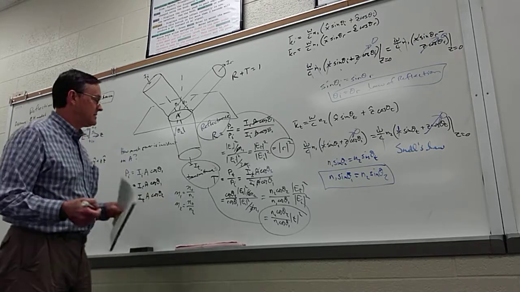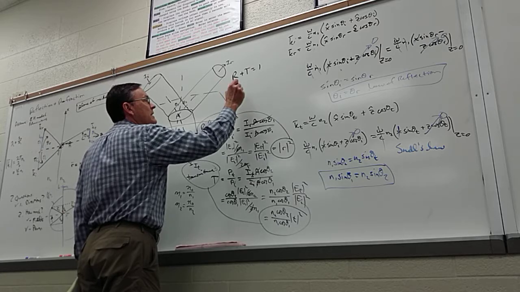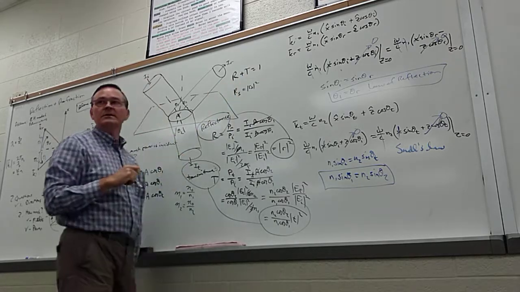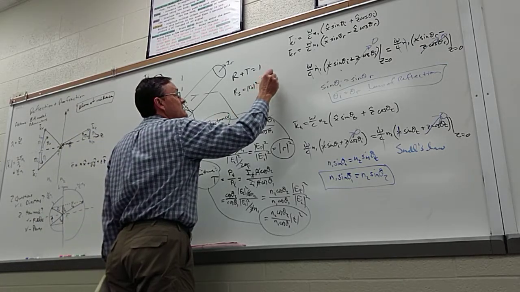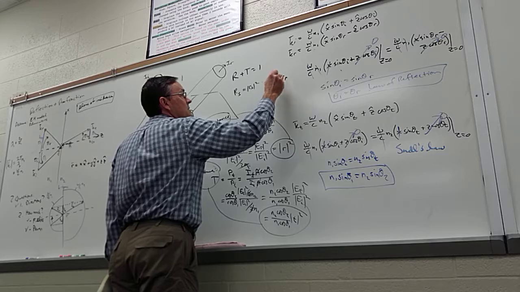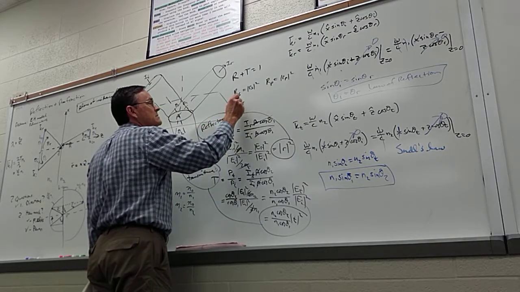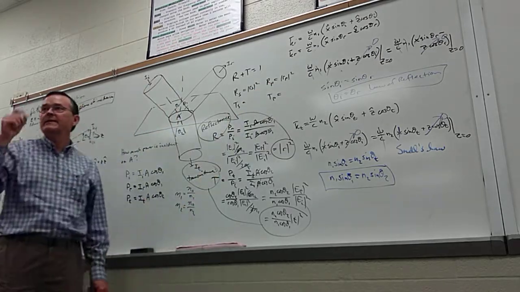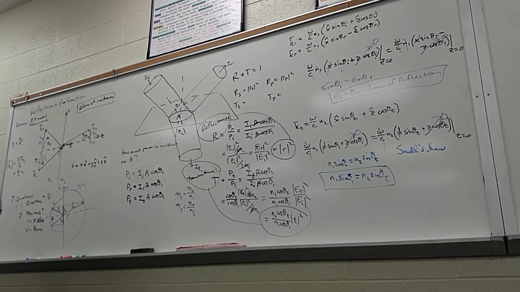So technically, we should say probably reflectance for the S state is the square of the reflection coefficient for the S state. Reflectance for the P state or TM state is R_P squared. And likewise for T_S and T_P, etc. So if we had a TEM wave, then we would have two reflectances and two transmittances.